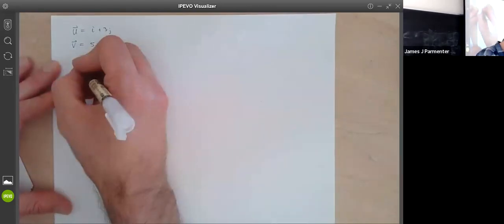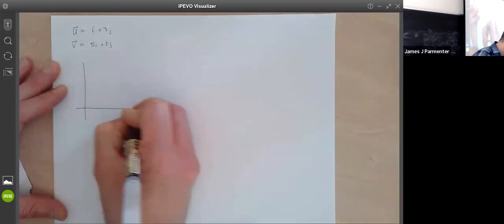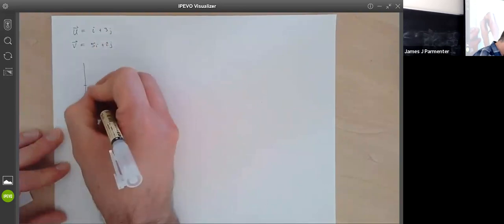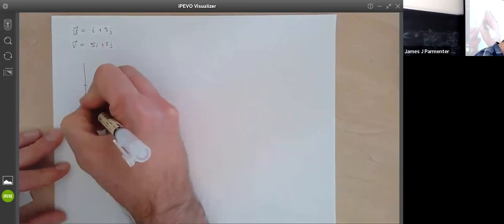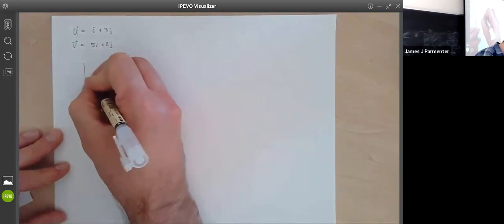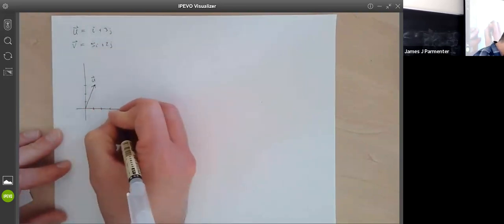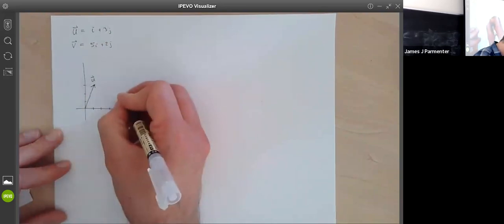First, let's draw it so we can get a good idea of what's going on here. i plus 3j is over 1 and up 3, so there's my u. And v is over 5 and up 2, about right there.